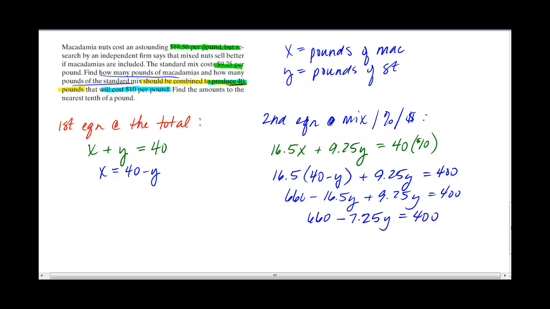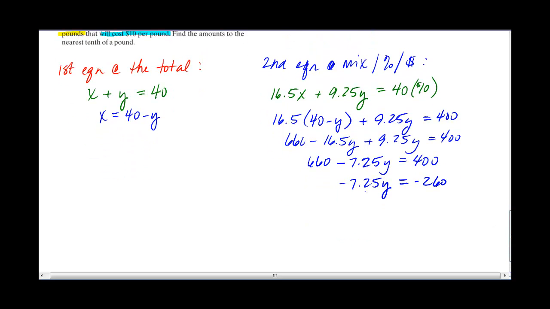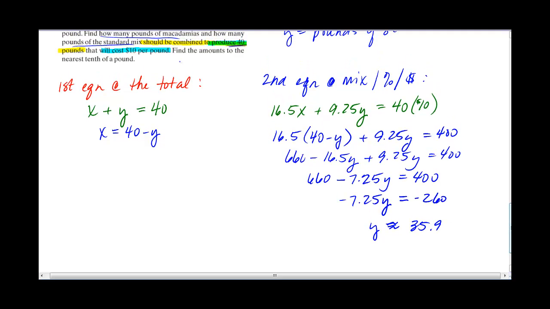Now I'm going to subtract my 660 to the other side. I end up with negative 7.25y is equal to negative 260. And now I'm going to divide both sides by negative 7.25, and I get a positive about 35.9, because the very last thing said rounded to the nearest tenth of a pound.